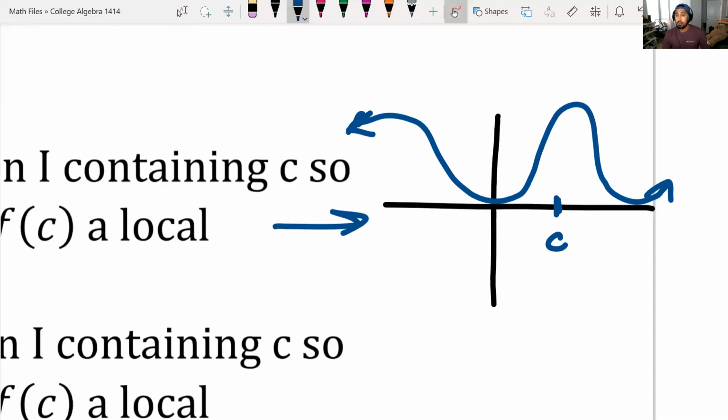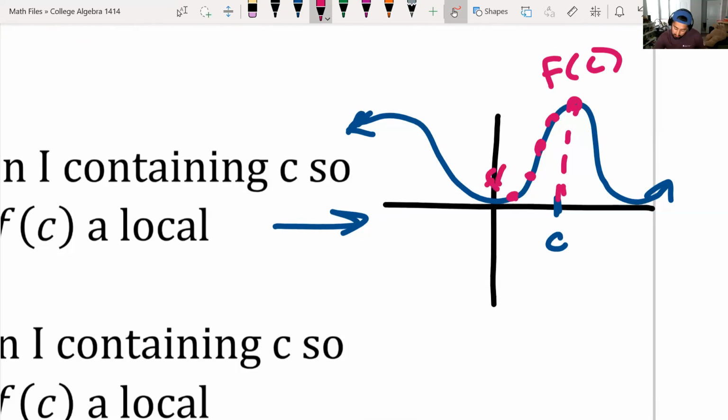Well, what we're saying is that at this x value of c, there exists a y value. So f of c is the y value at c. And at this point, it is one of the high points of the graph, because what it's saying next is that all the other y values leading up to it are smaller than the y value at c.